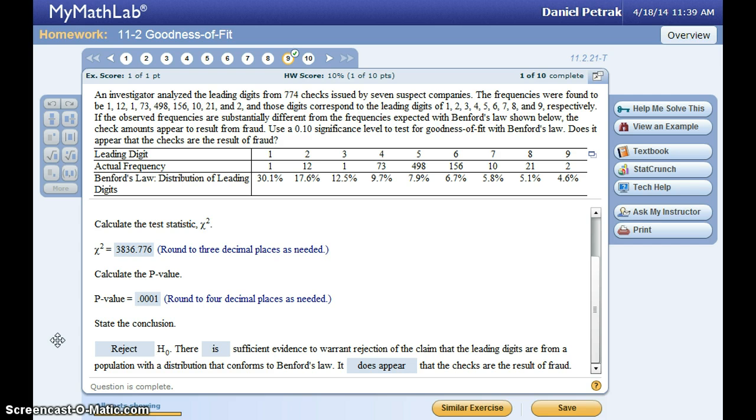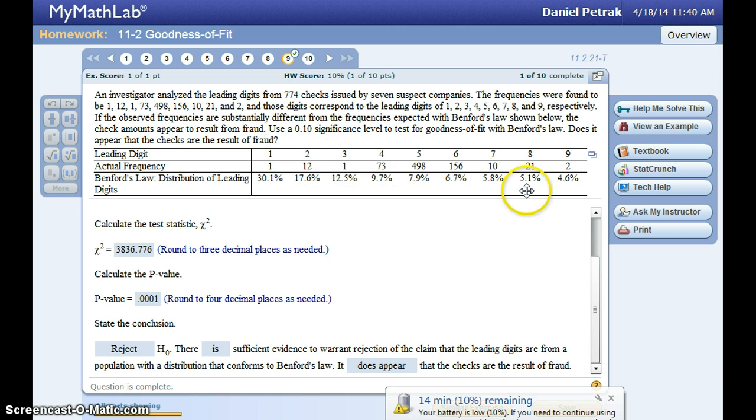on StatCrunch. So we've got this data here, and this is the idea that the leading digits should fit a certain type of frequency. According to Benford's law, about 30% of the leading digits should be a 1, 17.6% should be 2, 12.5% should be 3, and so on. Those add up to 100%.